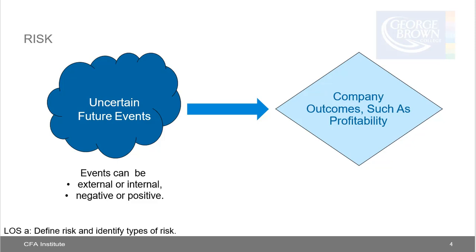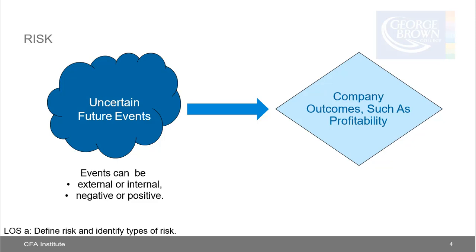Some of these events are external to the company. For example, a bank that has a large portfolio of commercial loans may suffer substantial losses if the economy goes into a recession and corporate defaults increase. Other events, such as fraud or network failure, are internal to the company. But not all outcomes from events are negative.